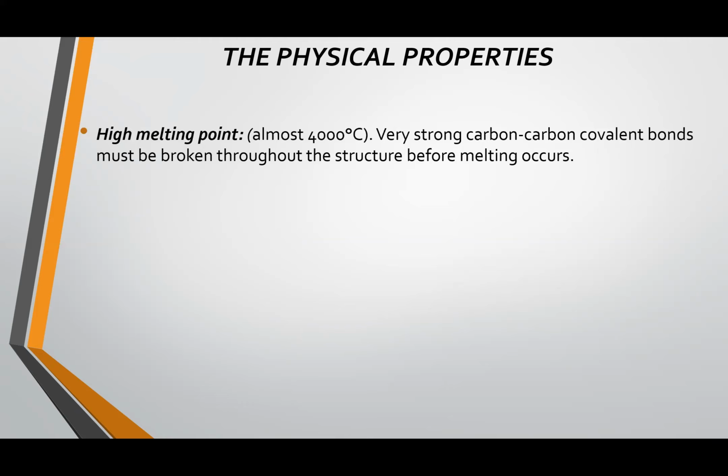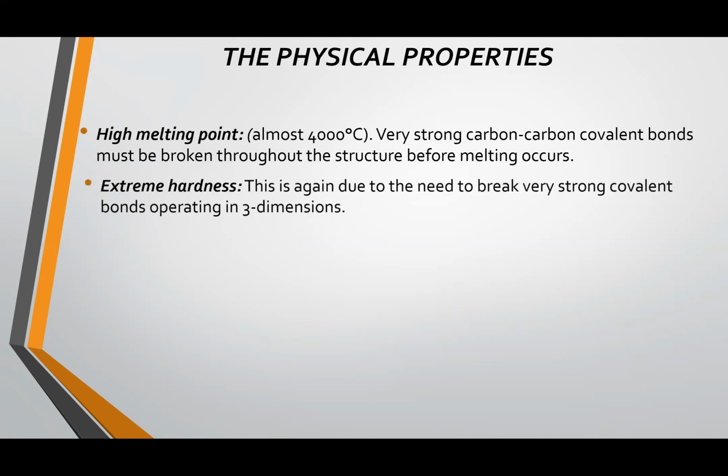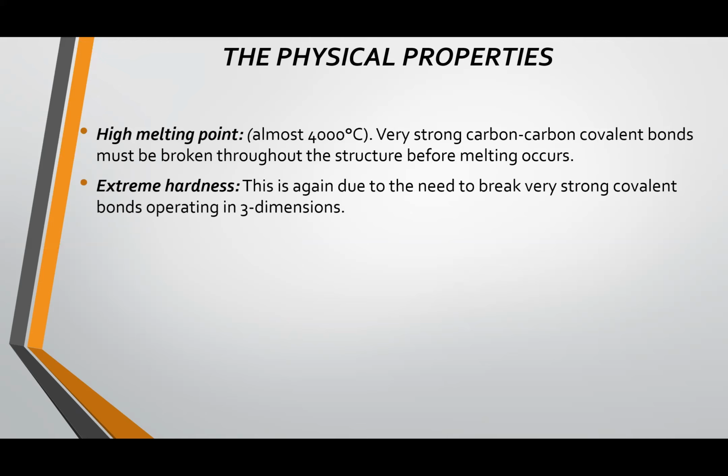That is why diamond has a very high melting point. It is also extremely hard, for the same reason: we have a very big structure with so many strong covalent bonds, making the three-dimensional structure very strong.